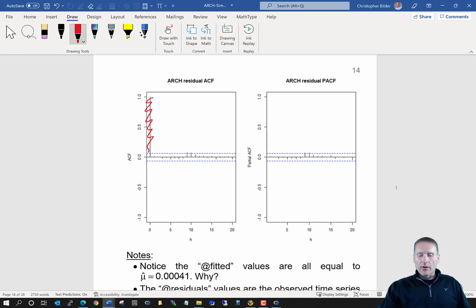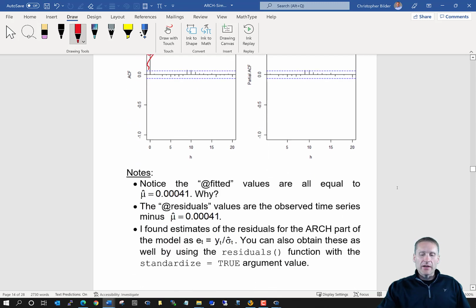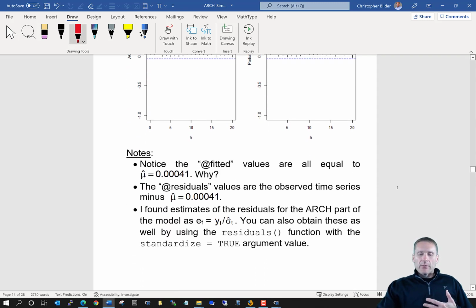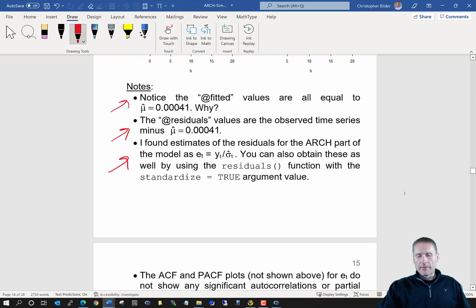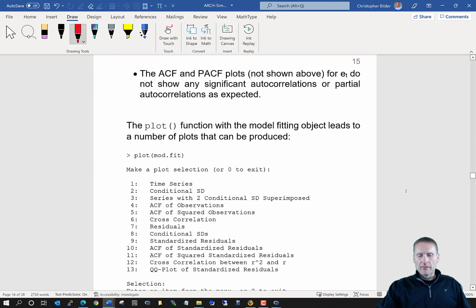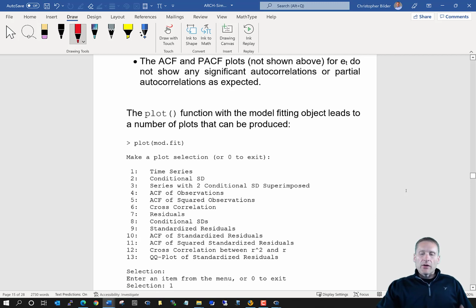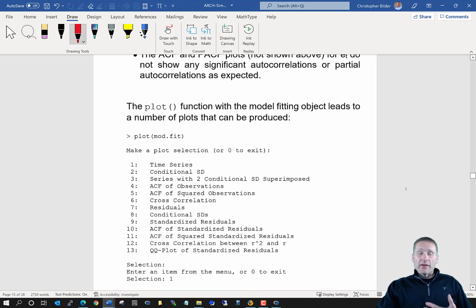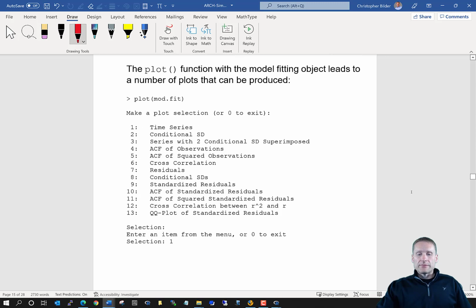Of course, ignore the lag 0 part there. And so what this is telling me is that this particular model is doing well. Okay, some notes. We've talked about these. This model is working well.